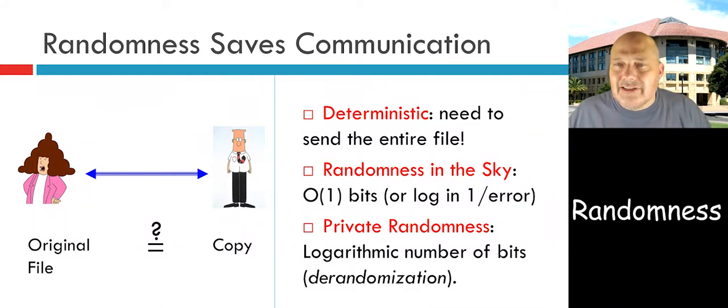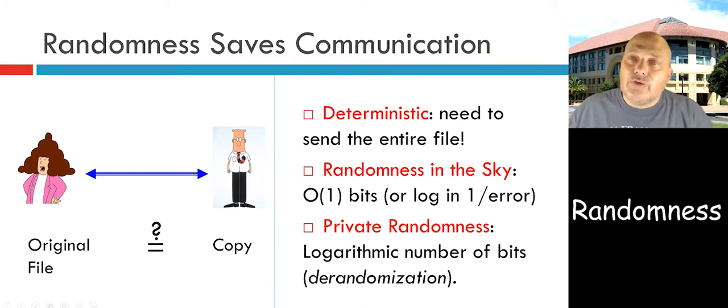We already discussed this idea that randomness saves communication. For example, Alice and Bob may have a copy of a file sitting in different places, and they just want to make sure that the copy is identical, perhaps that it didn't get corrupted. Deterministically, you need to send the entire file.